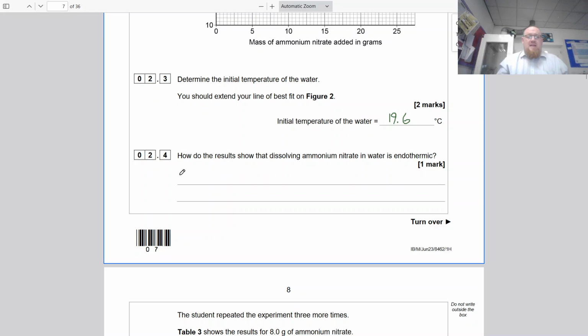Let's put that into words. The higher the mass of ammonium nitrate, the lower the temperature.